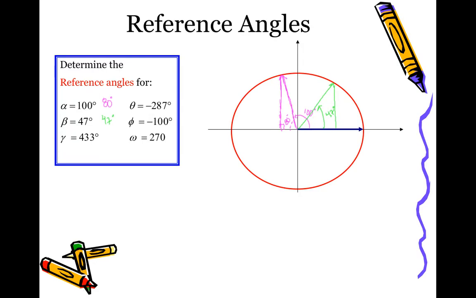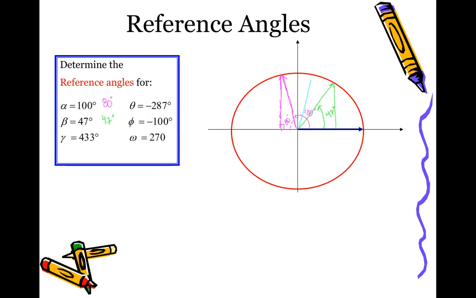What about if I wanted 443? I'm going to go around the circle. Well, that's 360, and I'm going to keep going, right? How much more than 360 is that? That's another 73 degrees. So I went around the circle, and it's not quite 90, it's going to be less than that.